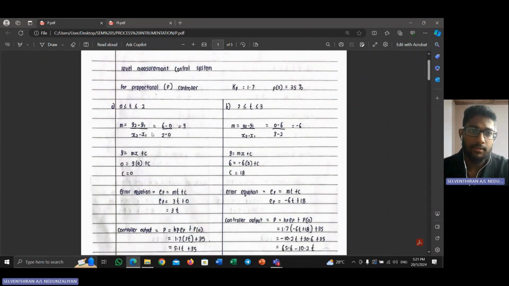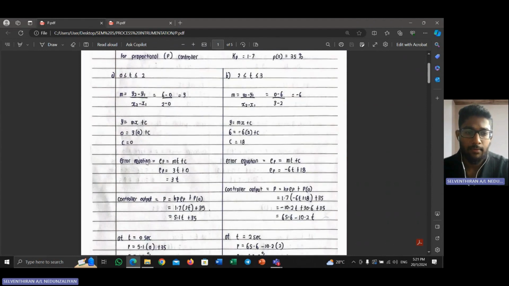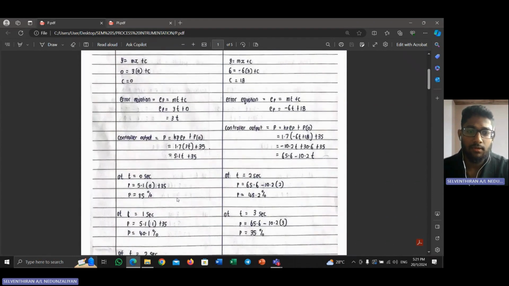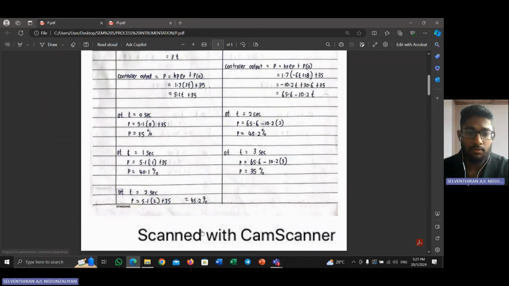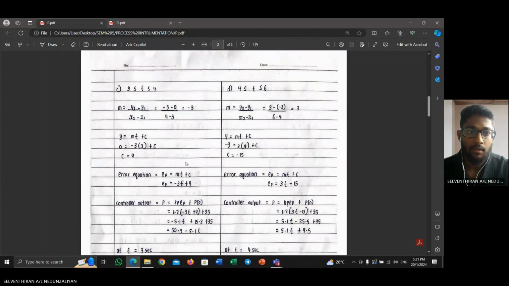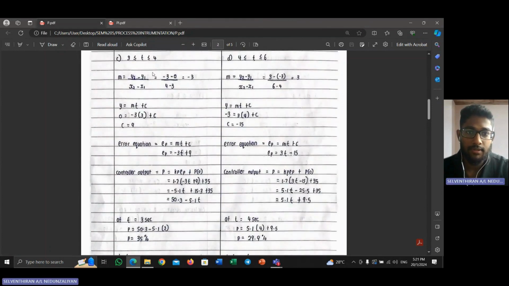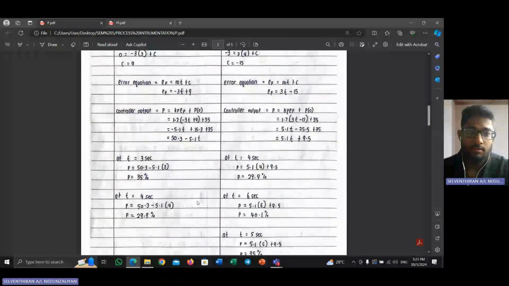Here are the calculations that I did, for 0 to 8 seconds. The value that we get from both sides is equal for the first 2 seconds, which is 45.2%, and here also for the 2 seconds it is 45.2 percent. It's also the same for 3 to 4 seconds and 4 to 6 seconds. So the value we get from both sides is equal.